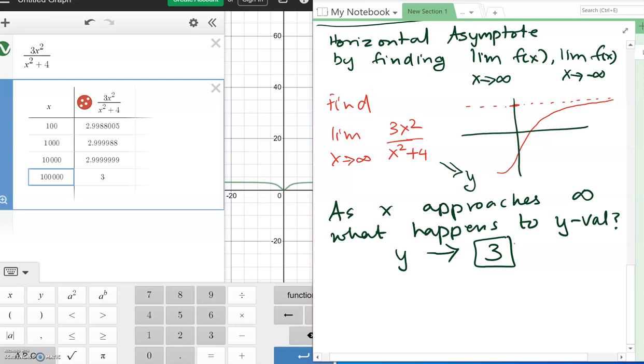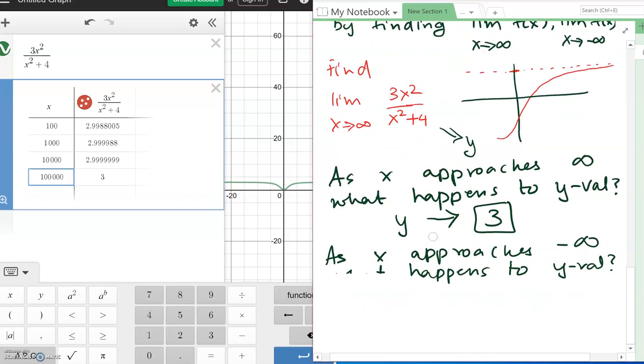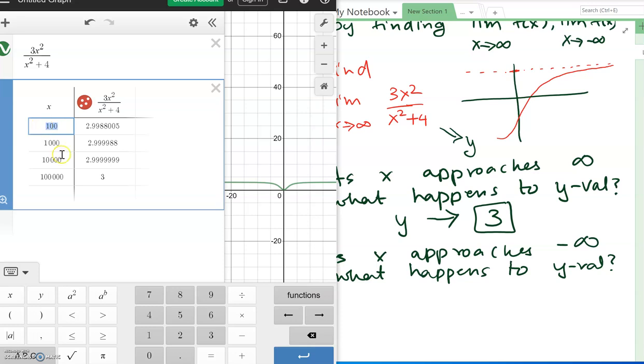So let's find the horizontal asymptote as x goes to negative infinity. As x approaches negative infinity, which means on the left side, what happens to y? We're going to choose negative numbers here, the same large numbers but negative values.